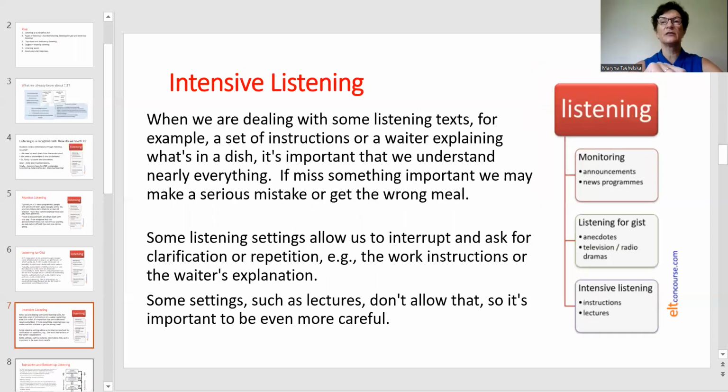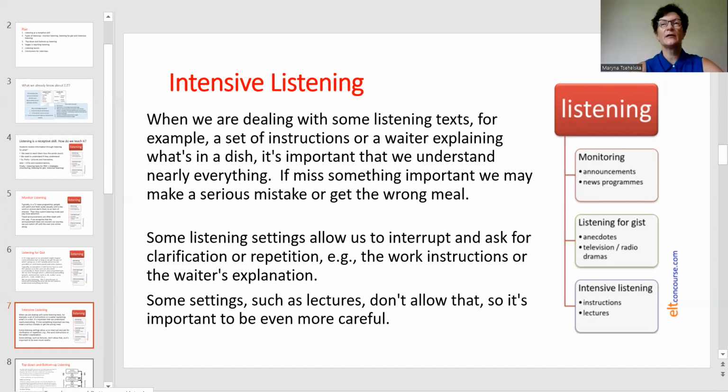And intensive listening, or listening for details, or detailed listening, there are many terms for this, is about picking up every detail of what you hear. This type of listening is usually very popular at exams, and also when we listen to lectures, we can listen intensively.